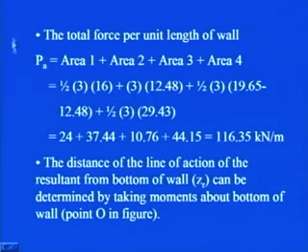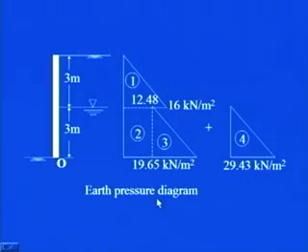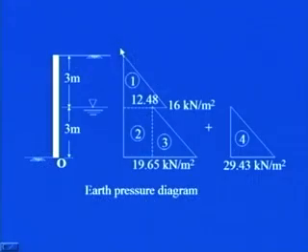Now, the distance of the line of action also we have to find out, that is, where this resultant total force will be acting. This can be found by taking the moment of all the forces about this point O. If I take only the first area, the resultant of this force is the area 1, and it will be acting at a distance of h by 3, that means 3 by 3, that is 1 meter from this particular level.